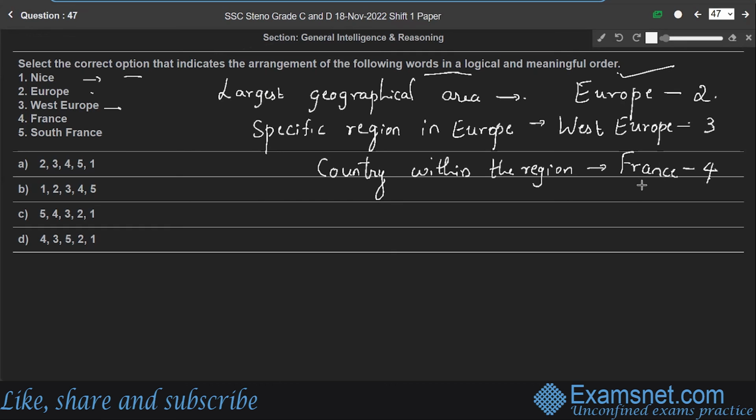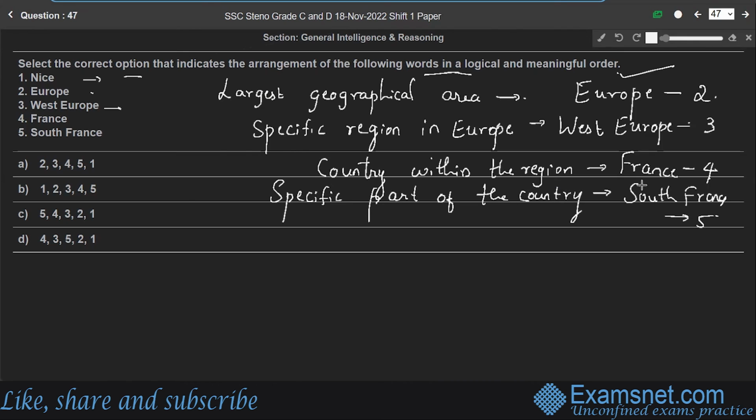Next comes a specific part of the country, or a specific part of France, which is South France. South France is the fifth word in the given question.